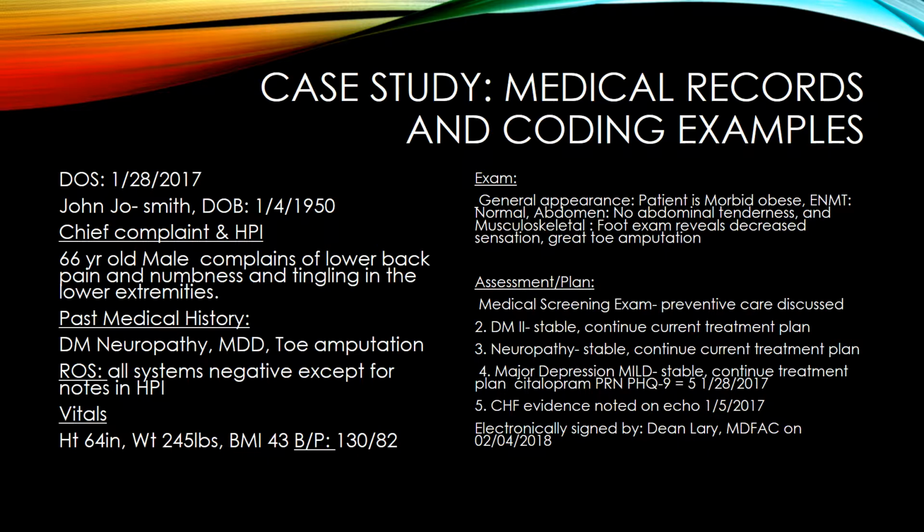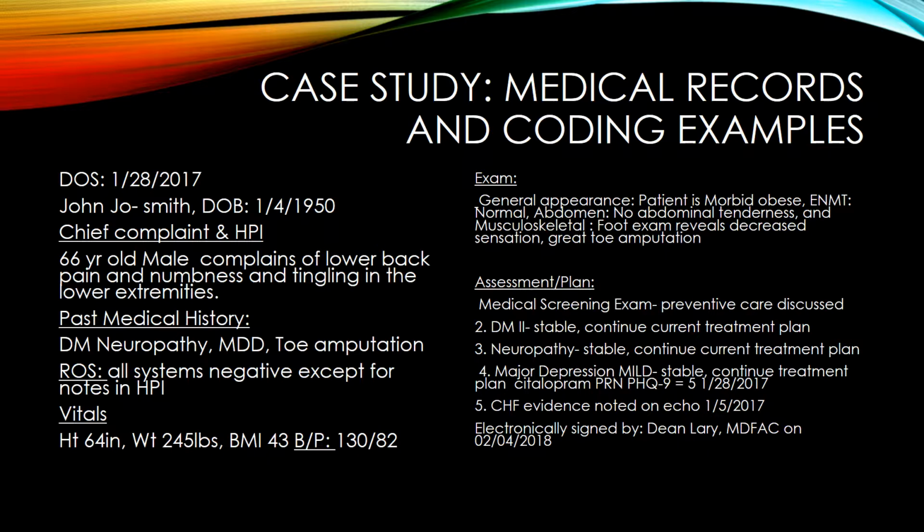Here in the assessment plan, you have a medical screening exam, preventive care discussed. The patient is diabetes type 2, stable, continue the current treatment plan. Neuropathy stable, continue the current treatment plan. Then you have major depression, mild, stable, continue the treatment plan and citalopram as needed.